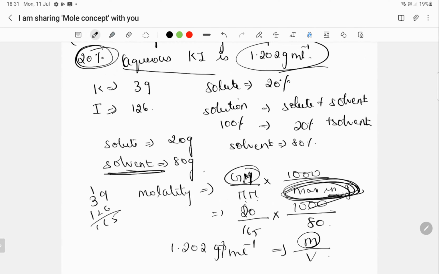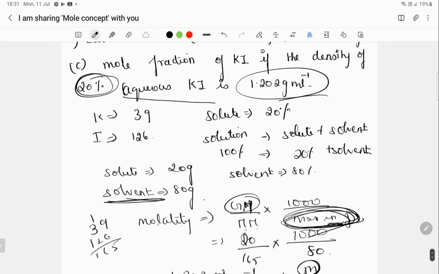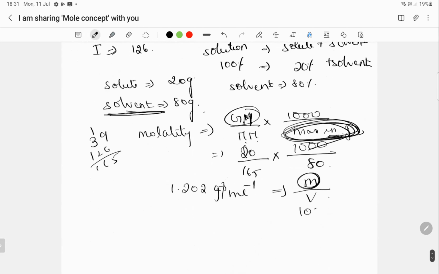Total mass is 80 plus 20, 100 grams. So 100 divided by volume, which we do not know, equals 1.202 gram per milliliter.